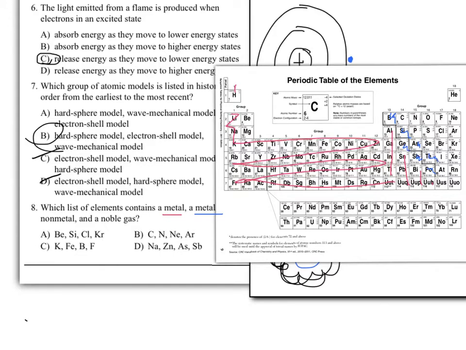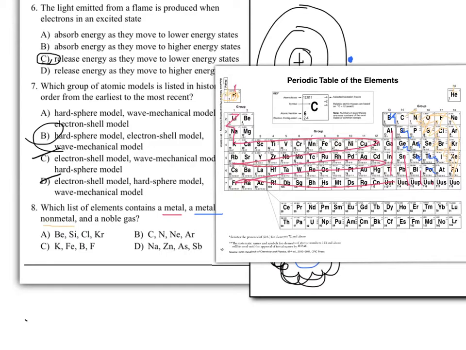Now, nonmetals are found to the right of the staircase. So these are all nonmetals. Don't forget that hydrogen is a nonmetal even though it's found on the left side. Many students forget that. That's very important.